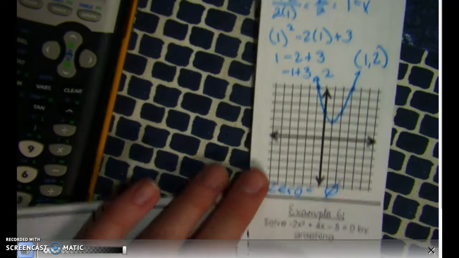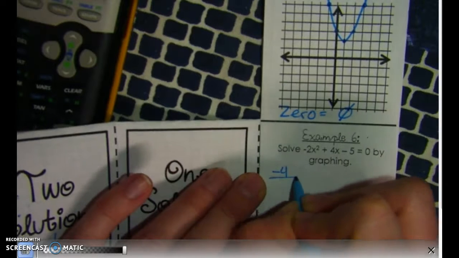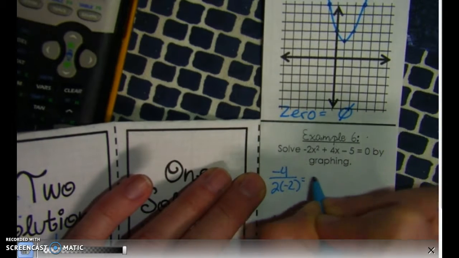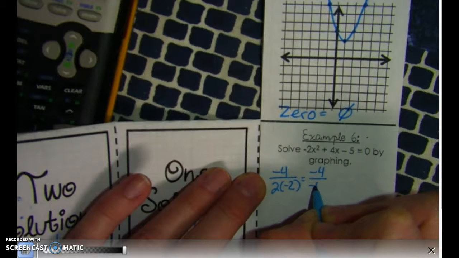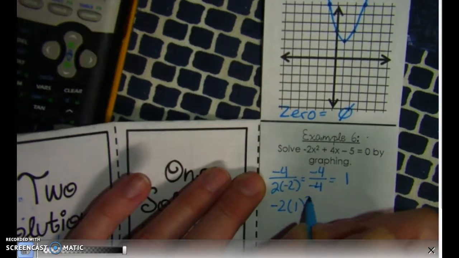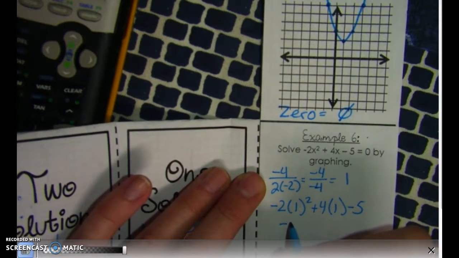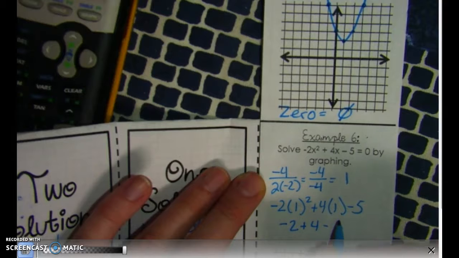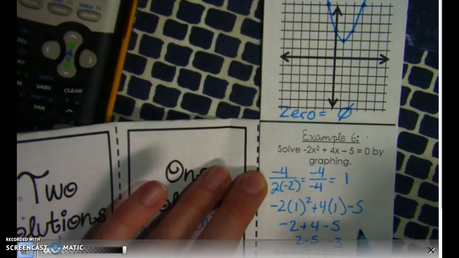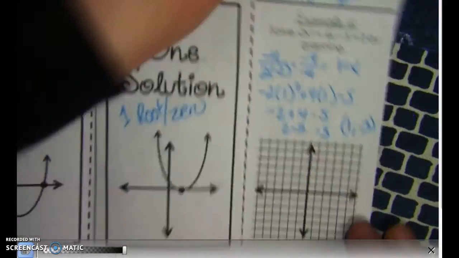Okay? And then down this guy, we're going to do opposite 4 over 2 times -2. So I get 1, -3.